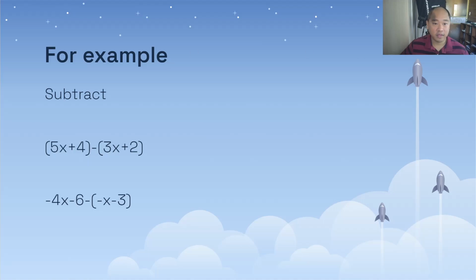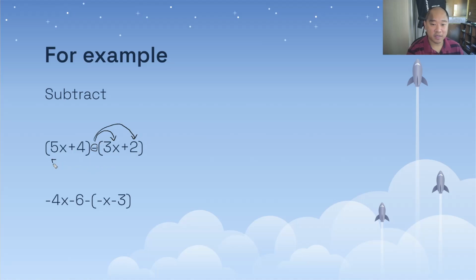No? Okay. So now we're going to subtract. Here's the difference: when we're subtracting, remember that the subtraction operation is basically adding the negative of that, right? And so the negative needs to be distributed to both of these terms.